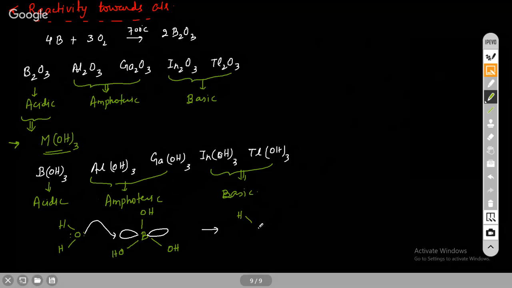We have H O H, B and OH groups. This boron has a negative sign, this oxygen has a positive sign. Now finally from this, H+ comes out. Any one of these H+ loses, leaving a pair of electrons here, and we'll get what? B(OH)4- plus H+. And that is how this B(OH)3 is acidic in nature. Removal of H+ takes place there.